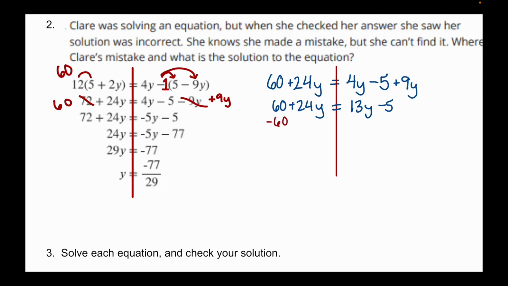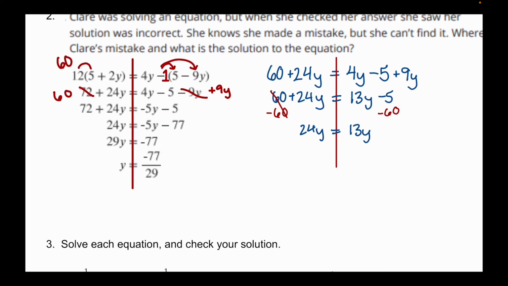I'm going to subtract 60. Make sure I'm lining it up with its like term. This will leave 24y equals 13y, and then -5 minus 60 is going to make -65. Now let's subtract 13y from both sides.